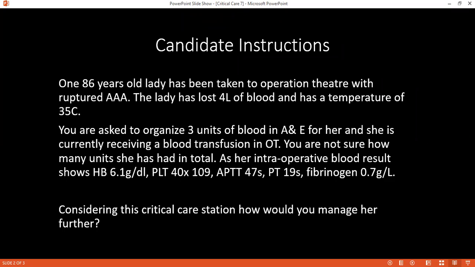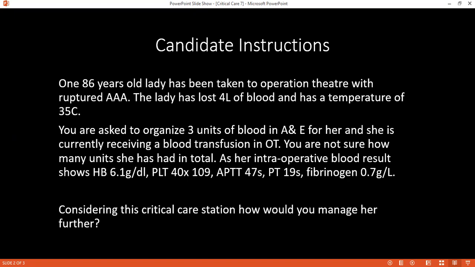So how would you decide how much fluid or blood replacement should be given? According to the hematocrit value and according to the pulse, blood pressure, cardiac index parameters in the form of pulse, blood pressure, capillary fill, urine output, and the mental status, and the patient is under general anesthesia, so mental status is not sufficient.